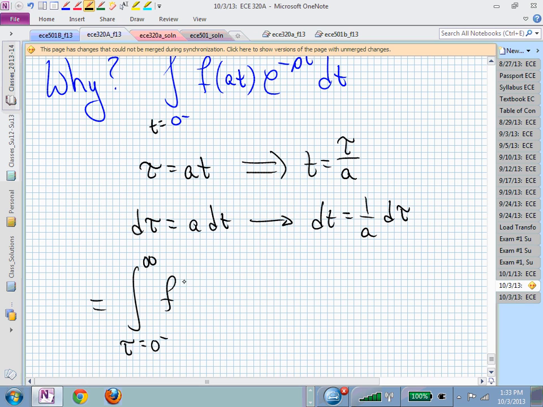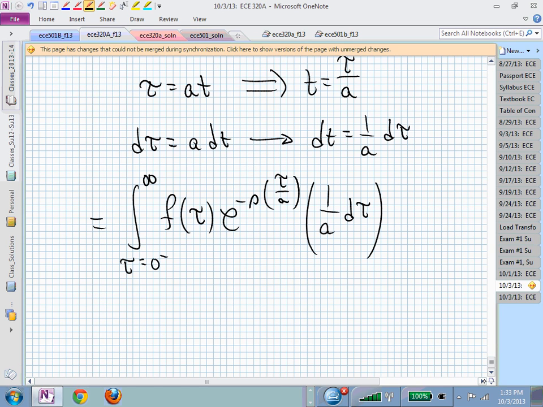Our f is now only a function of tau, e to the minus s, but we don't want t anywhere, so we replace that with what it's equal to, which is tau over a. And dt, we get rid of it by dividing d tau with a. And now that 1 over a is independent of tau, it can come out front.